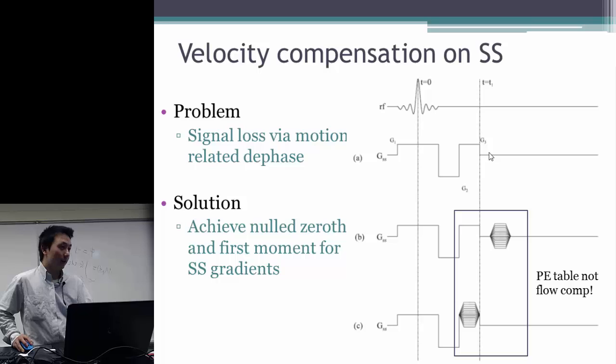So to calculate the first moment for any time point in here, basically we only need to start here, but mathematically we can start the calculation, the time origin of that integration, at any time point, as long as it only includes this part.